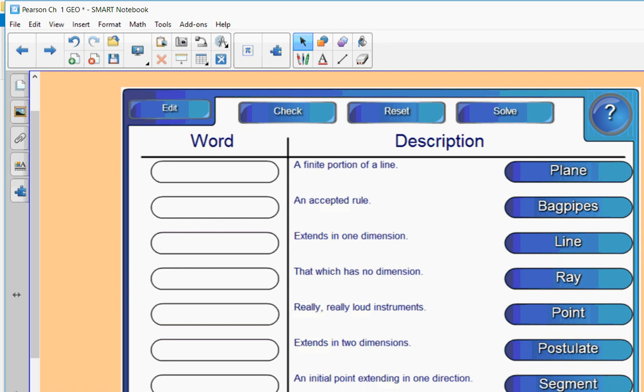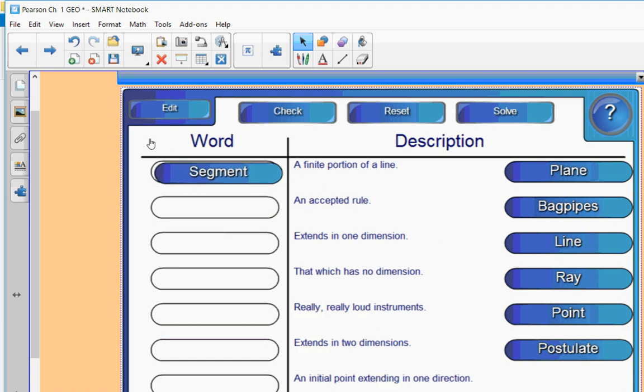So a finite portion of the line. So finite, remember, that means that it stops. There's a beginning and an end. So if you go kind of flip back through your notes, you might be able to figure this one out. I'm going to make a guess, okay? I don't know all the answers, but I'm going to think a finite portion of a line is a segment.